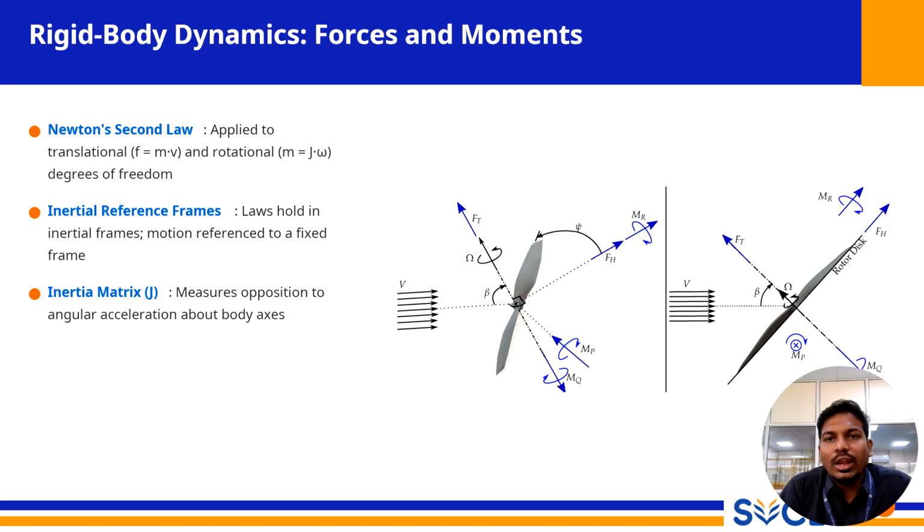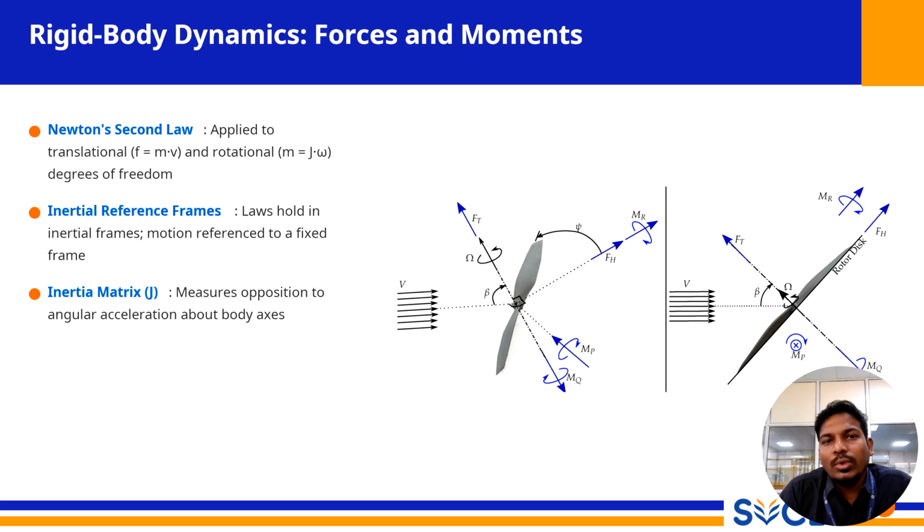Now that we have the language of kinematics to describe how MAVs move, we can advance to the next critical topic, dynamics. While kinematics answers how, dynamics answers why. This is the study of the forces and moments that cause the motion we observe.